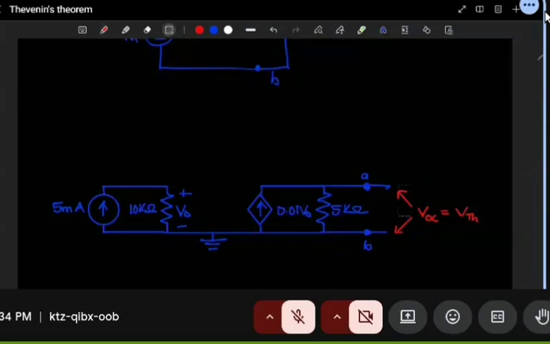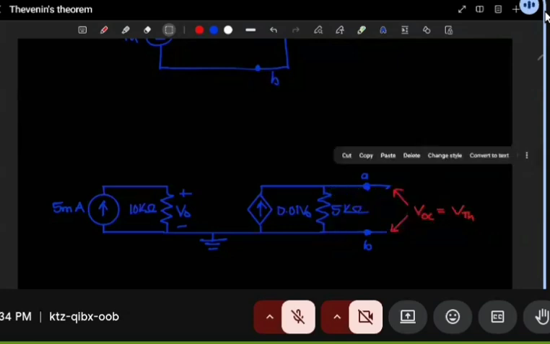Now, what is going to be our V Thevenin, our V open circuit? We see that in the absence of the 20 kilo ohm resistor, the voltage across A and B will be the same as the voltage across the 5 kilo ohm resistor. So to find the open circuit voltage, all we have to do is to find the voltage difference across that 5 kilo ohm resistor. Since what we have here is a current supply, it's supplying current in this line.